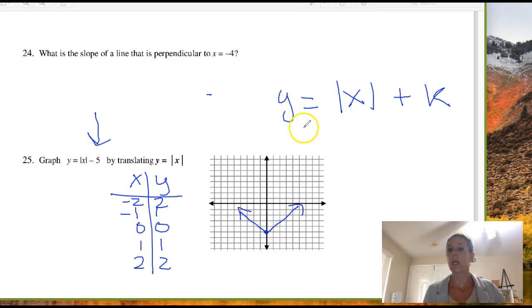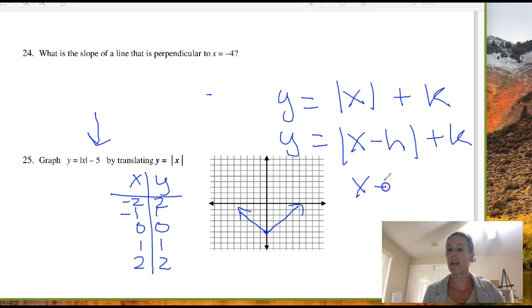Okay. Now, if I shift left or right, that would look like this. Y equals the absolute value of x minus h, plus k. So if this is minus, if I shift left or right, this is an opposite value. So if I have x minus 3, that would shift my graph the opposite. This is a straightforward value. So if it's -5, I go down 5. But inside, it's a minus value.